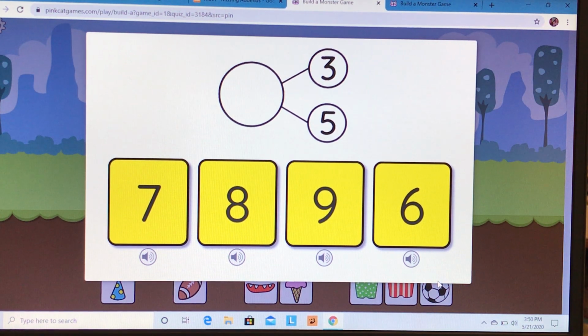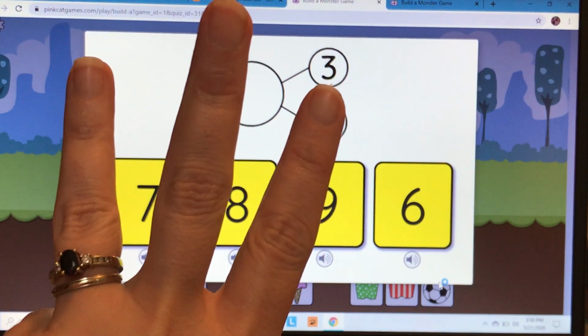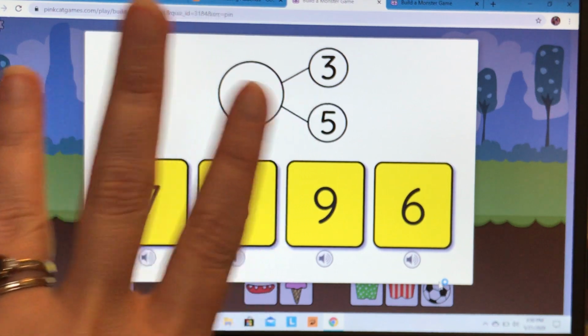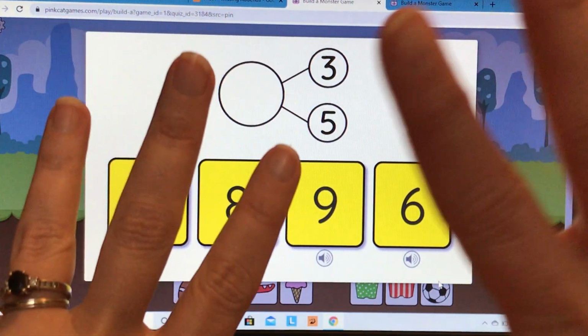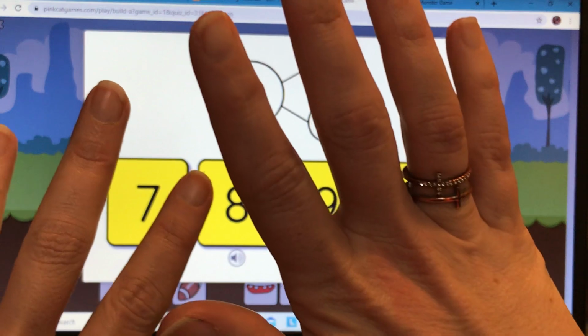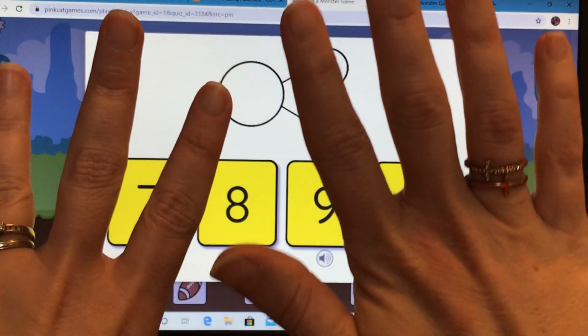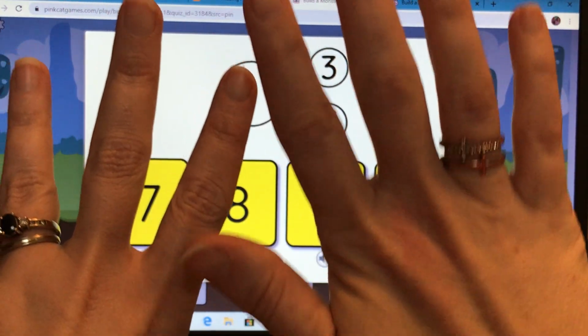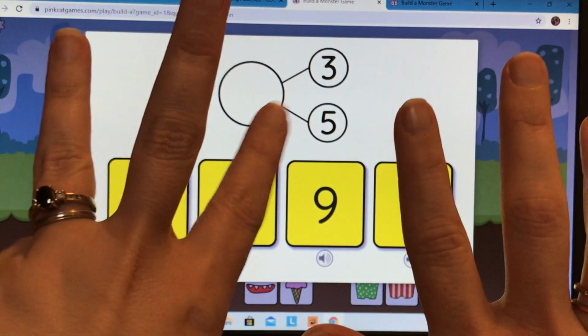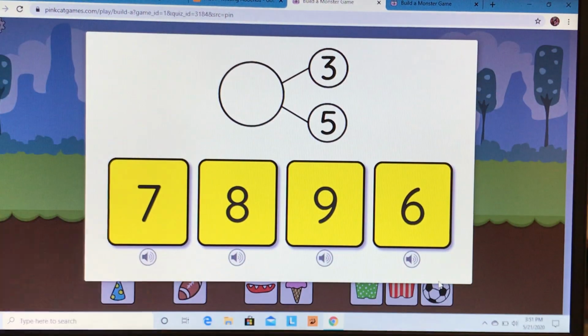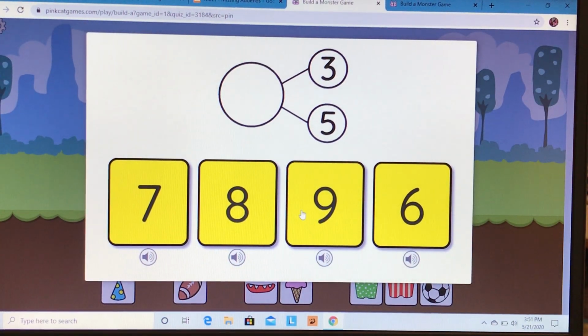You can use counters or your fingers to help you. I'm going to use my fingers. Here I have 3 to represent the number 3, and then the other number was 5. So I'm going to add my other hand of 5. When I count my 5 and my 3, here's 5, 6, 7, and 8. So our answer would be 8.